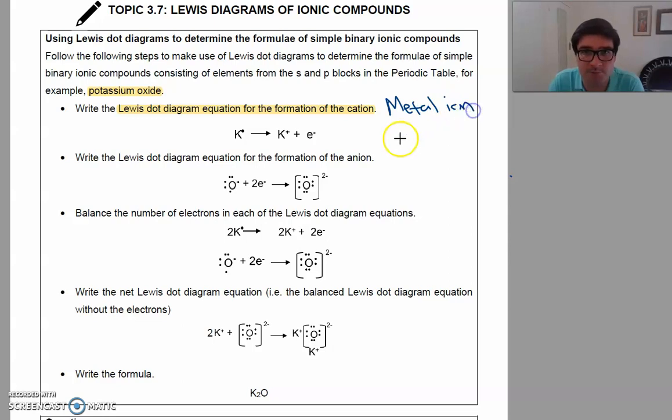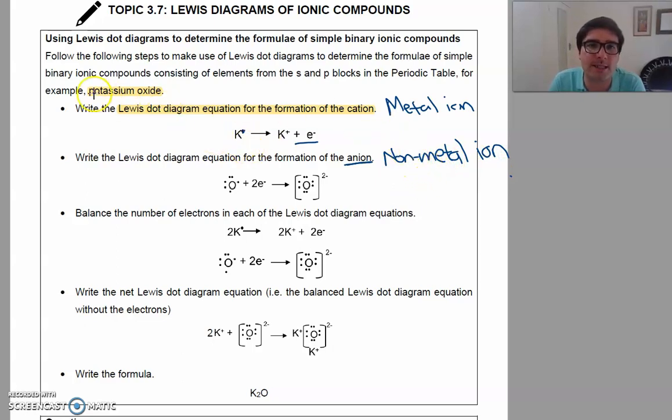Potassium has one valence electron, and when it forms an ion, it forms an ion with a charge of 1 plus. We just indicate it with a plus by giving away an electron. That electron can then be accepted by the anion, the non-metal. When we write the equation for the formation of the anion, this would always be the non-metal.